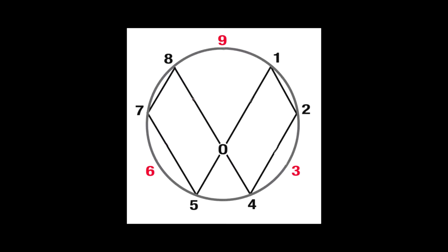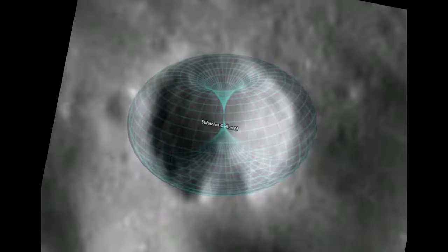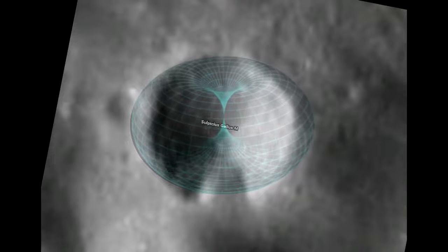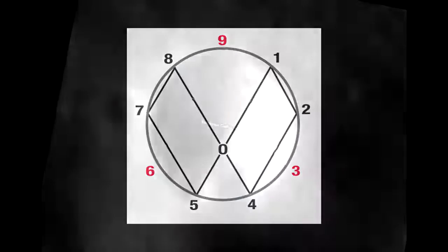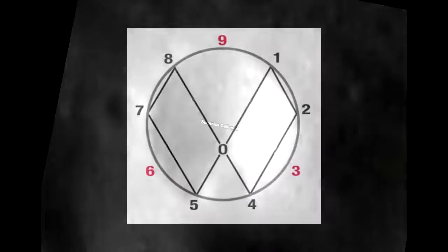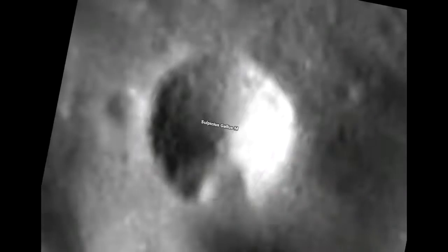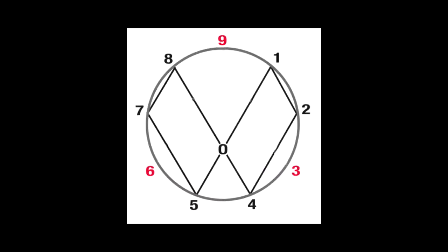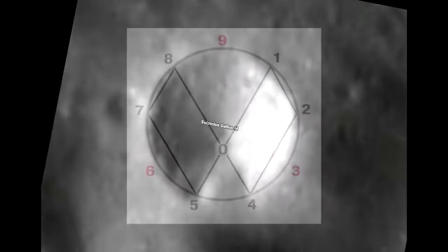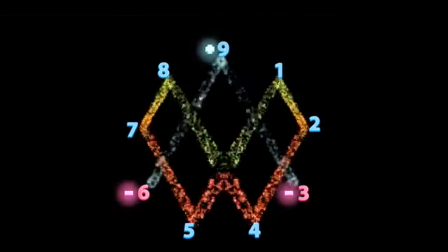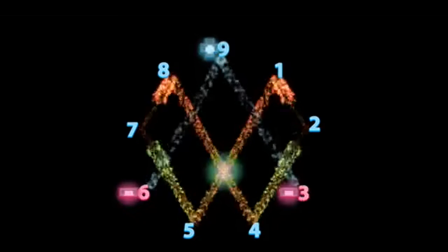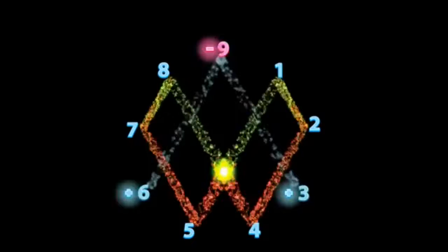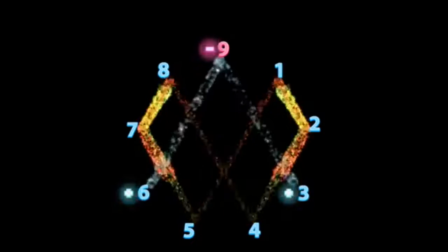In the center you see the 0. So this pattern is the pattern of the torus. Let's put it on our crater and you'll see that's a perfect match. So let's take a look at the energy video, and in the front, the reddish color, you see the torus field.